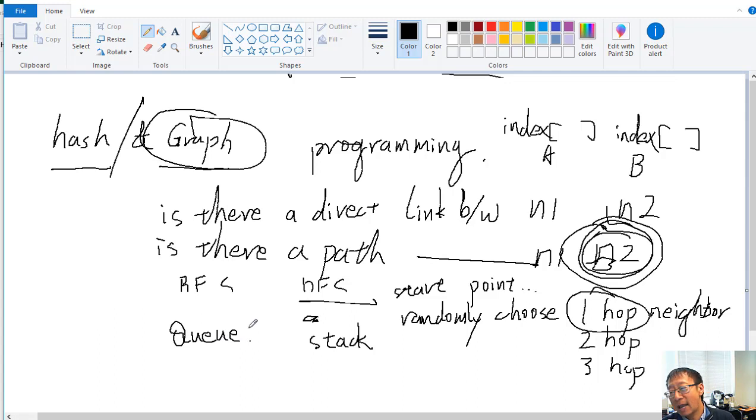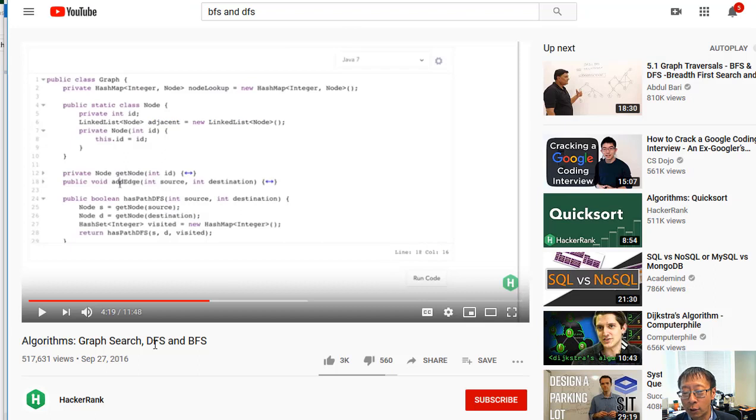Okay. In the zyBook and elsewhere, they actually have the algorithms of BFS and DFS. And we have located another algorithm or a short video explaining the DFS and the BFS. We will post this on the web page as well.